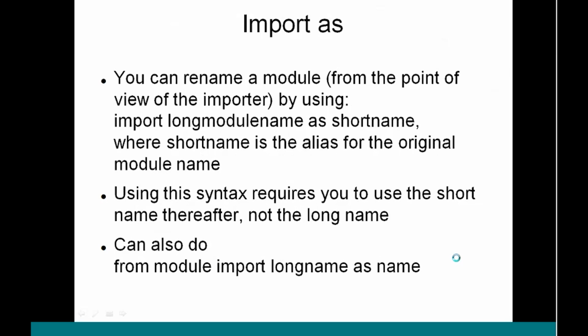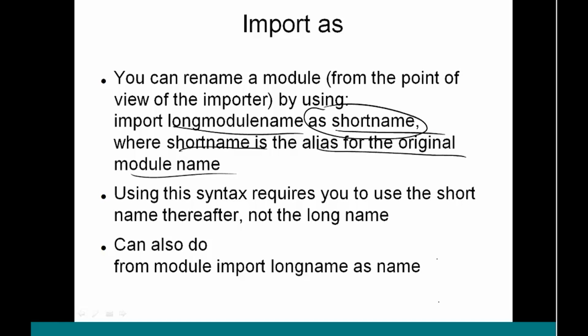Now the next one is import as. We can rename a module by using import long module name as short module name, where the short name is just an alias for the original module name.